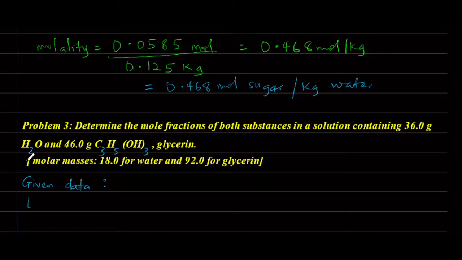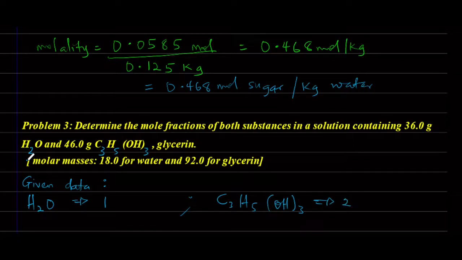Let's represent the two substances with symbols. Let water be 1. That means for water we should use 1 to represent water. Then for glycerin, C3H5(OH)3, we should use 2.